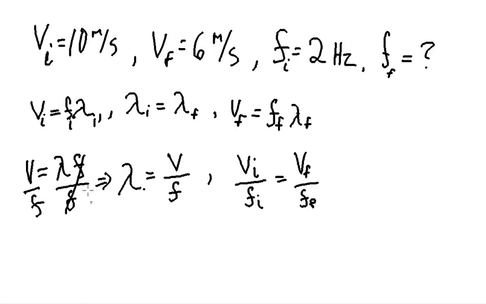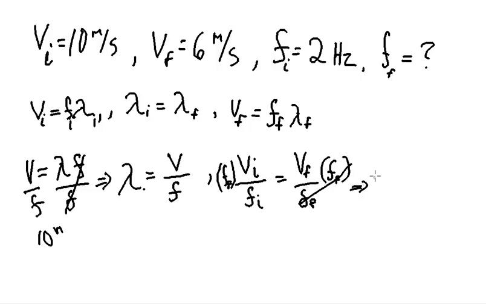Okay, so now we have everything we need. Let's plug our numbers in. 10 meters. Oh, actually, before we do that, let's finish the algebra over here. We're solving for the final frequency. Since this is in the denominator position, it gets a little tricky. So first things first, get it out of there. Whatever you do to one side, to balance the equation, do it to the other.